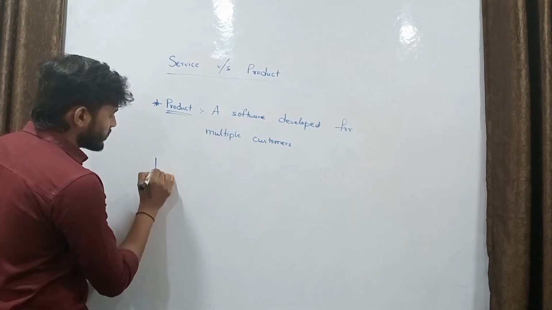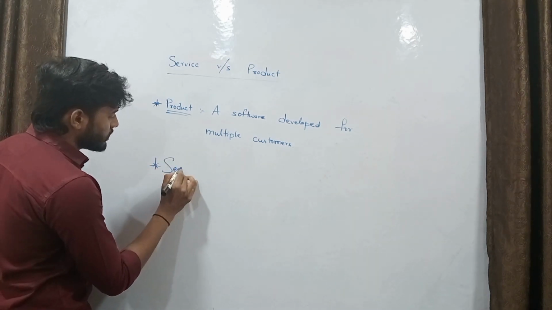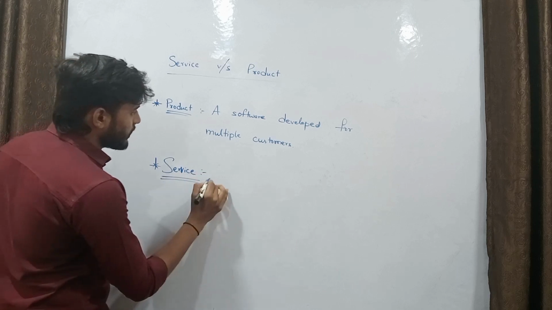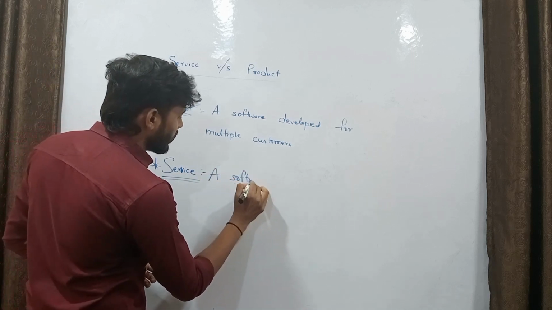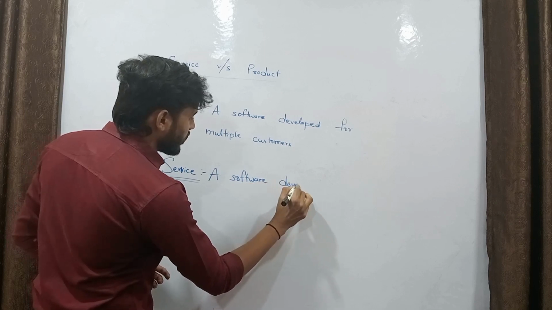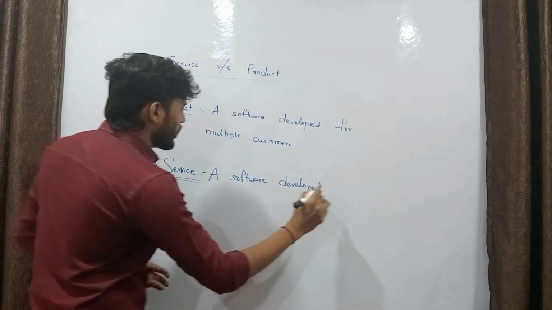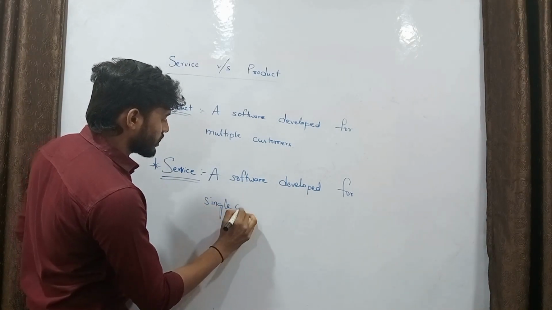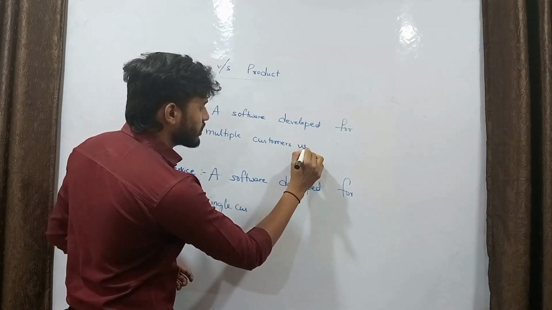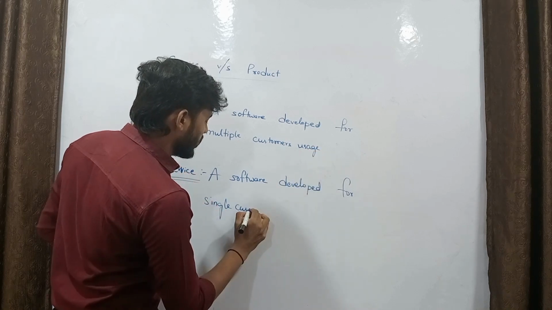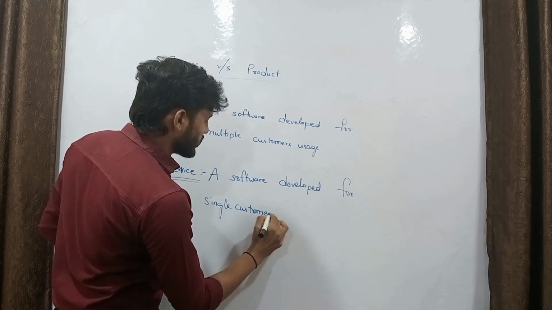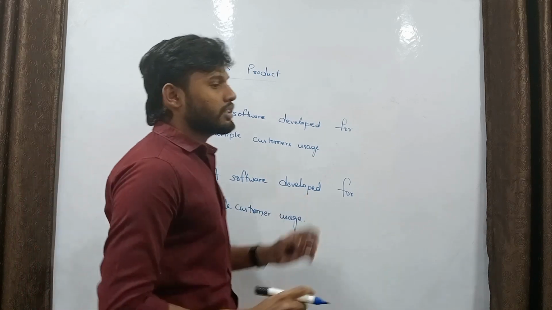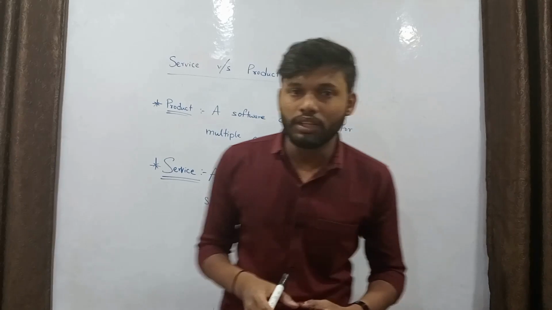Now coming to the second one, service. Service based is nothing but software developed for single customer usage. So multiple customers' usage for product, and here single customer usage. What is the difference between multiple users and a single user?